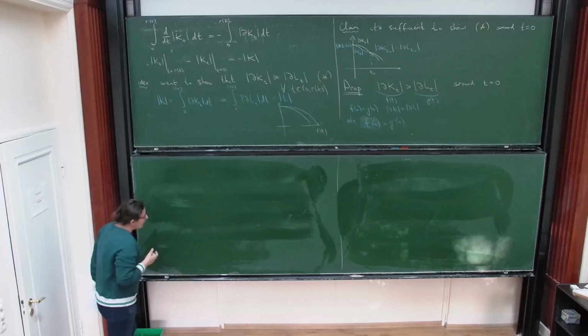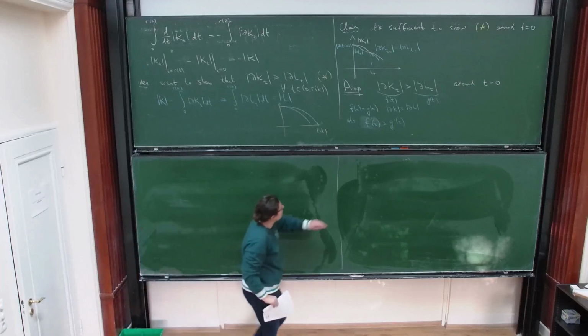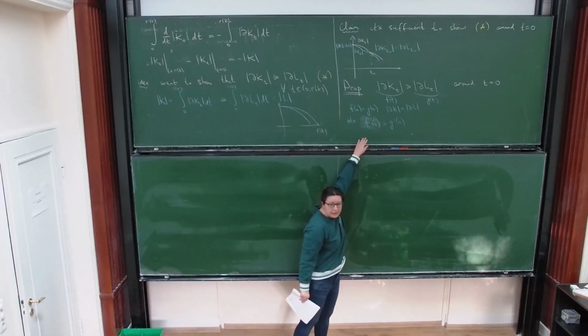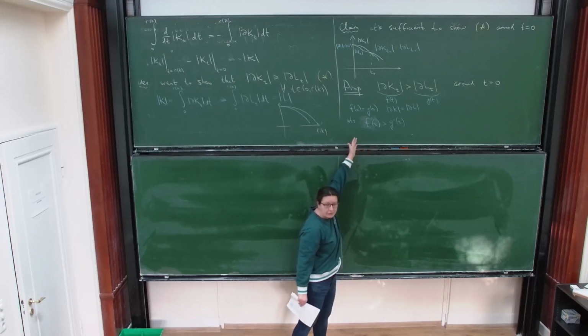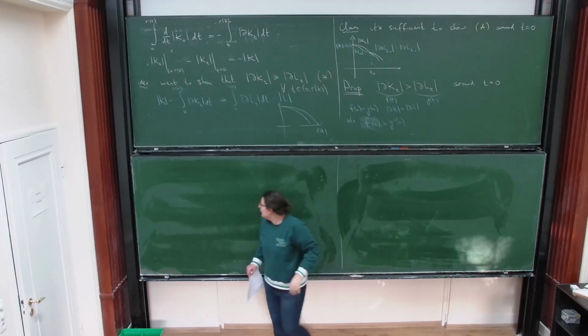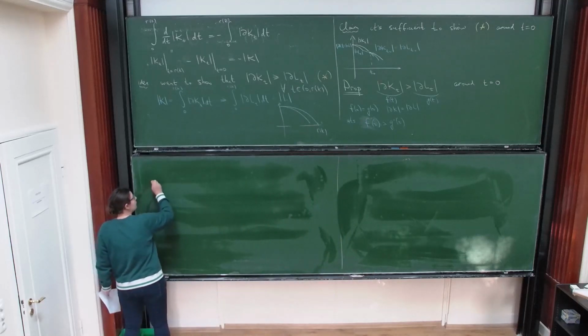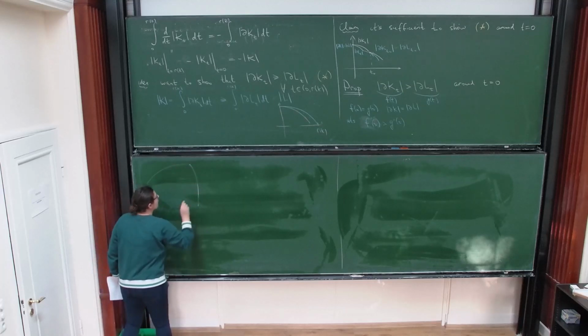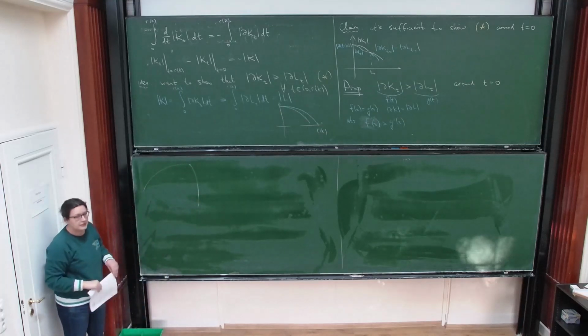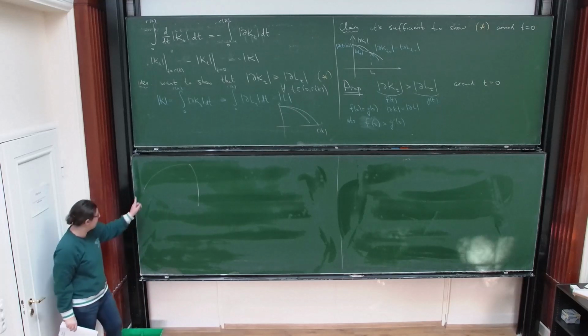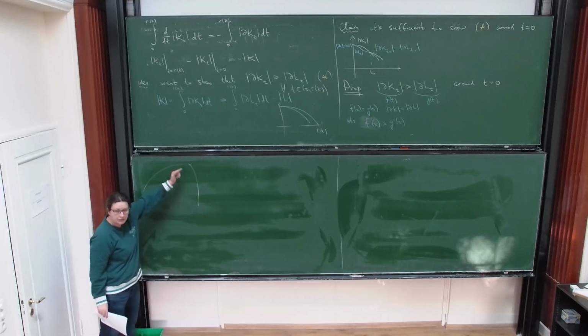So if I want to compare the derivatives of this function, first I want to express this function. So I want to write down how the perimeter looks like. So let's focus on the situation. I have the body K here, which is the intersection of the circles of radius 1. So the boundary consists of arcs of the circles of radius 1.